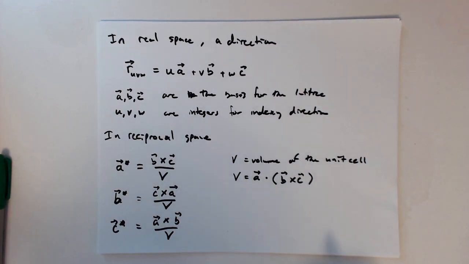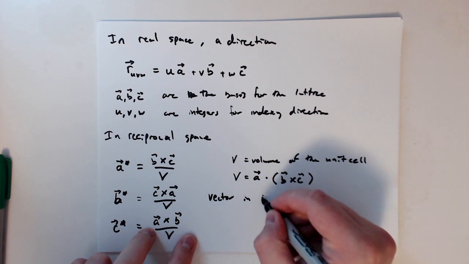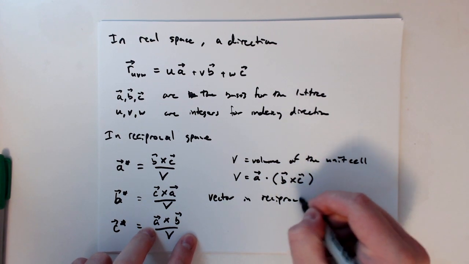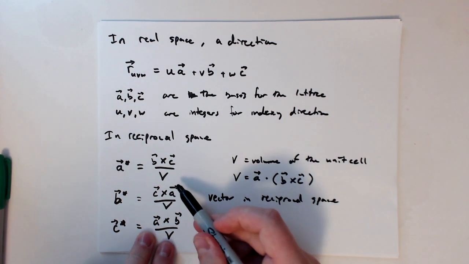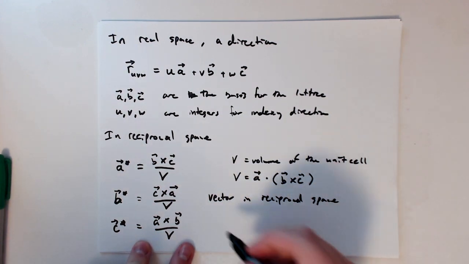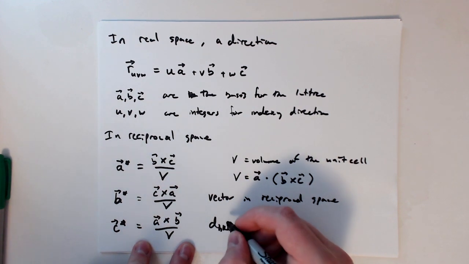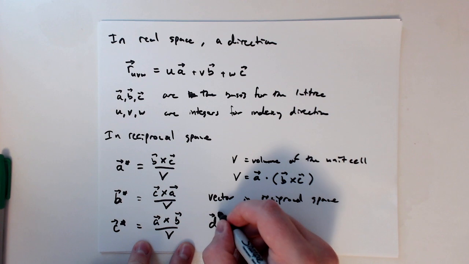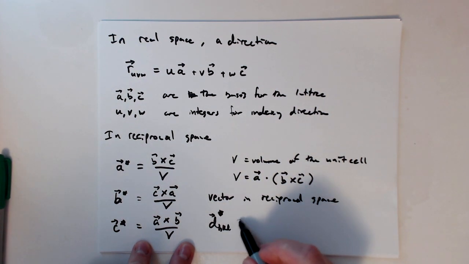So if we want to define a vector in reciprocal space, we can define it with these three bases. So our vector, and we'll call that d_hkl vector, and again star to indicate that we have reciprocal space.